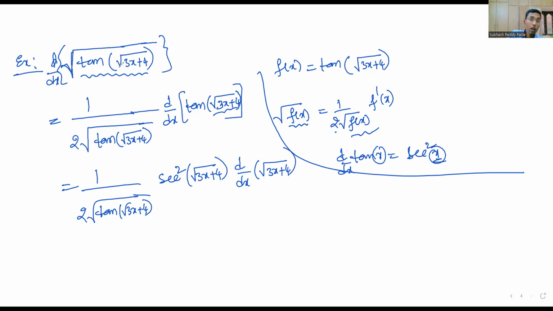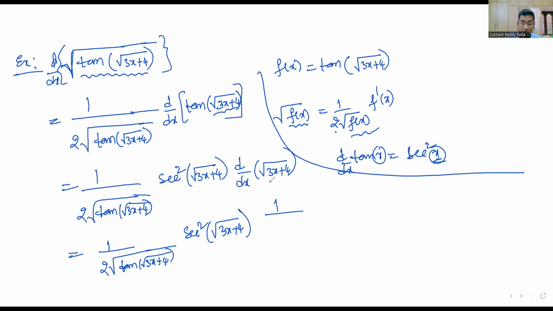So 1 by 2 root of tan of root 3x plus 4 is the same thing, and next you have secant square root 3x plus 4. Again, 1 by 2 root 3x plus 4, into the derivative of 3x plus 4, which is 3. Take a picture, it's going to go in half a minute.